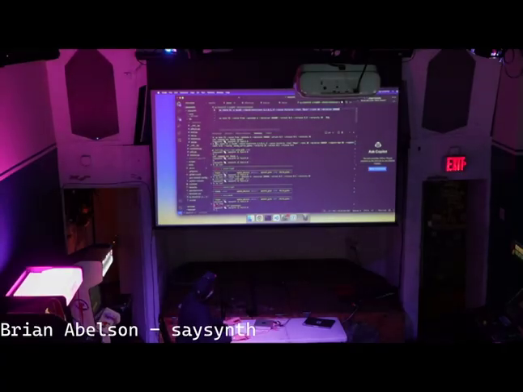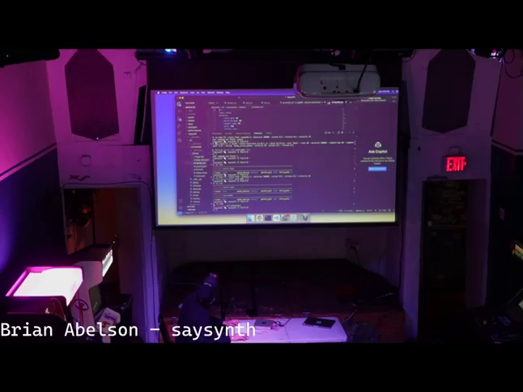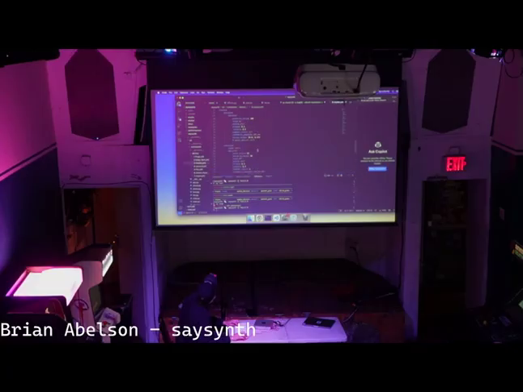This is the command line version of Saysynth. All these parameters, there's a ton of them, can be specified, but they can also be expressed in this YAML format, which you can see up here, which I showed too. So yeah, we'll just play.